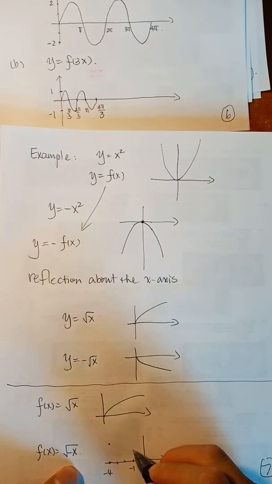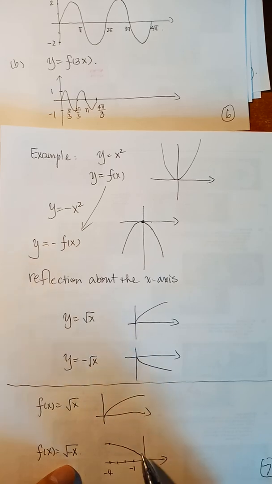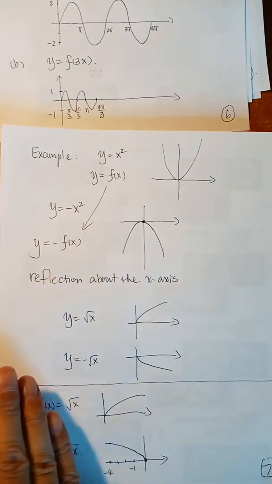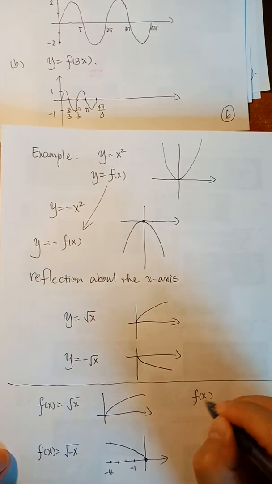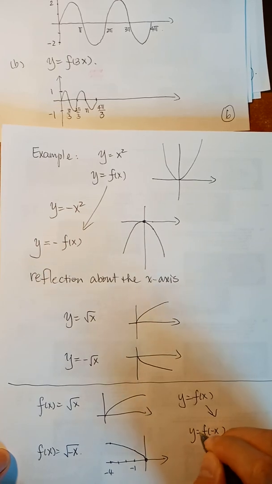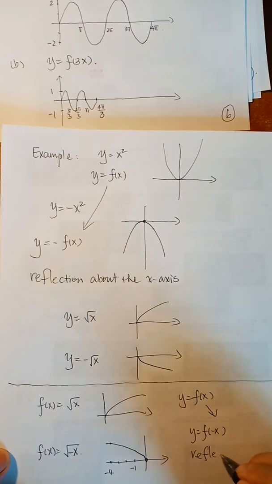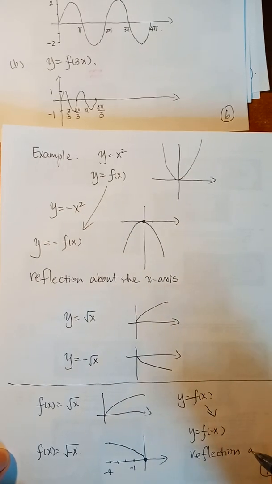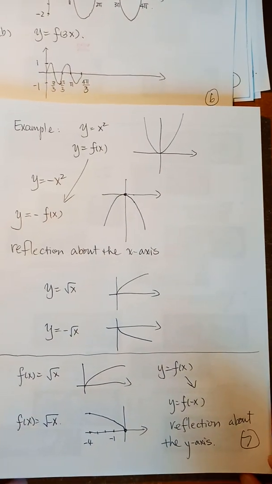So it's like this. So when you put a negative sign in front of x directly, you kind of flip or reflect this graph about the y-axis. So from f(x) to f(negative x), you get a reflection about the y-axis.